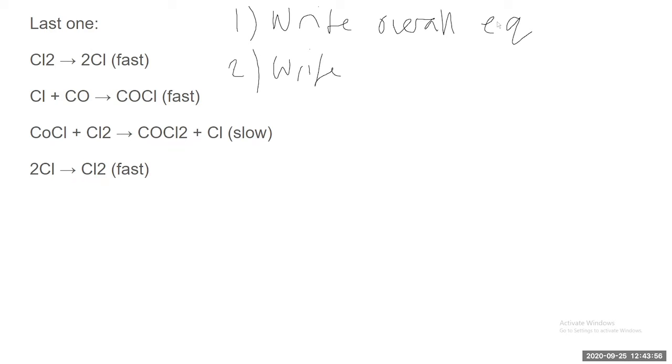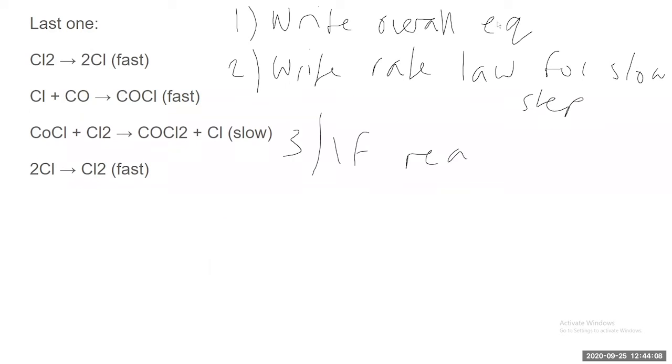So to reiterate everything that we did, let's just write a summary. The first step is always write the overall equation. The second is write the rate law for the slow step. And if the reactants don't match, substitute.